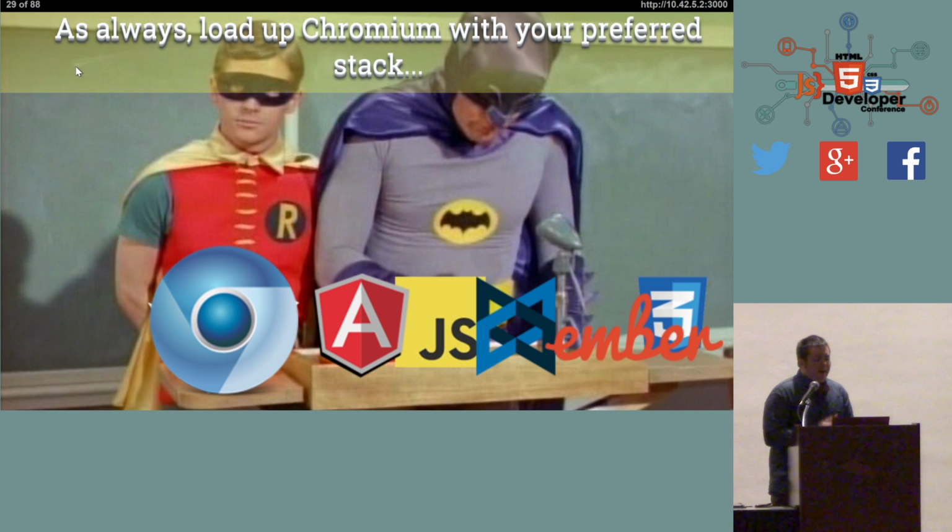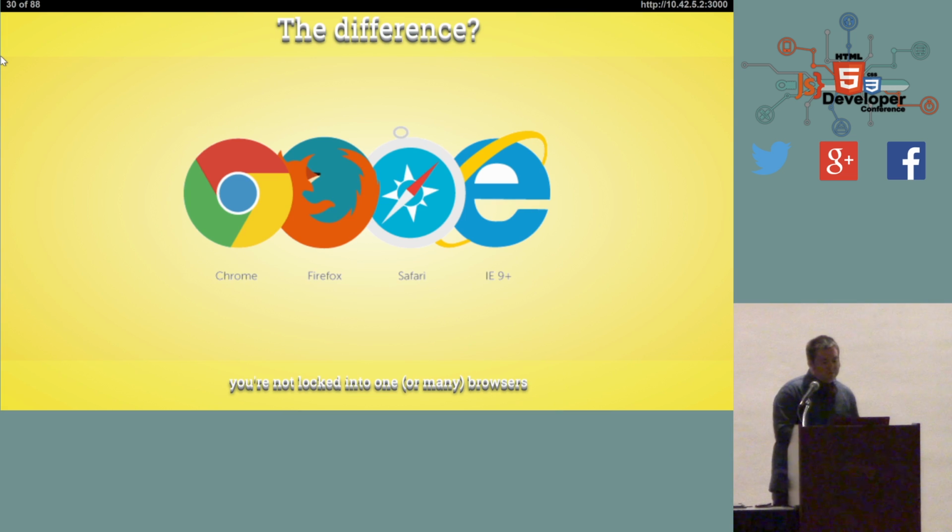As always, it's Chromium. It's Chrome, so load it up with your preferred stack. Throw Ember in there, throw CSS3 in there, plain vanilla JavaScript, Angular, Backbone, whatever. It's all going to work because you're essentially targeting a browser here. And the difference is that you're not locked into one or many browsers.